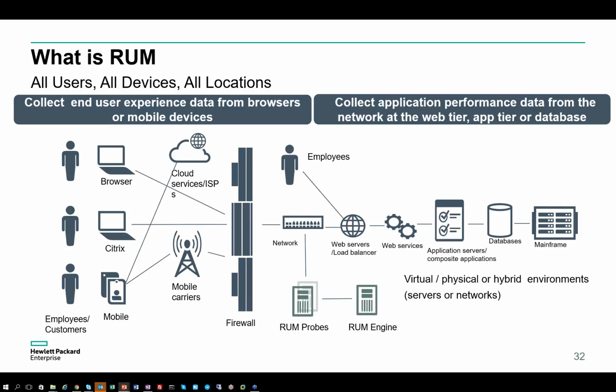As a result, RUM can understand HTTP-based applications and the various other protocols that travel on the network, like the protocol between the application server and the database: Oracle protocols, MS SQL protocols, and so on.